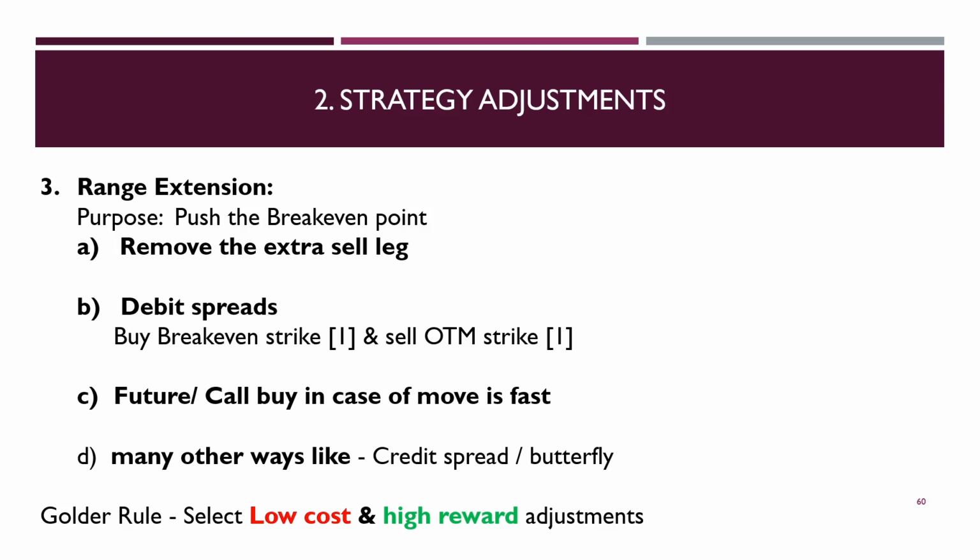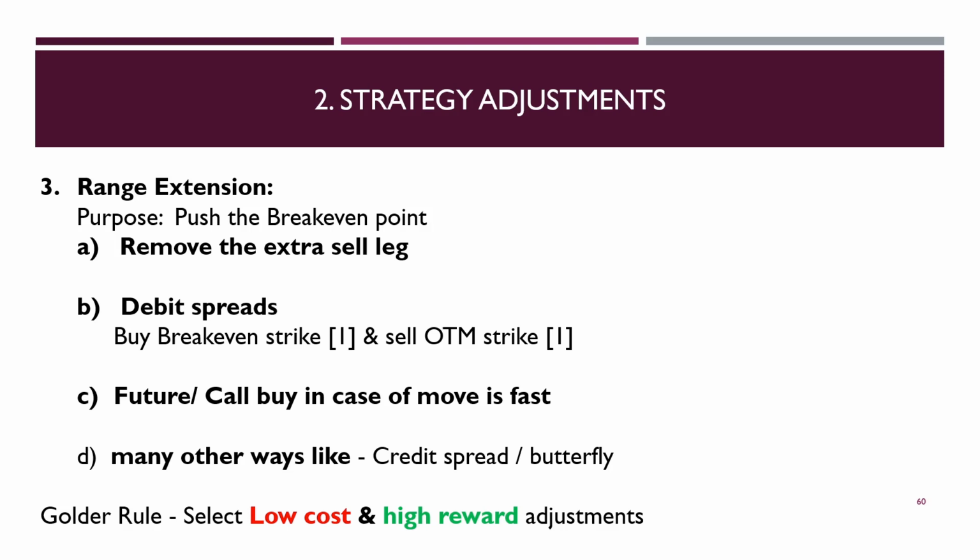The second adjustment we can do is done to extend the break even. This is done by buying a break even strike and selling an option 2 or 3 strikes away. What I mean by this is, say on the call side our break even level is reached, we are just 2 strikes away from our break even level.